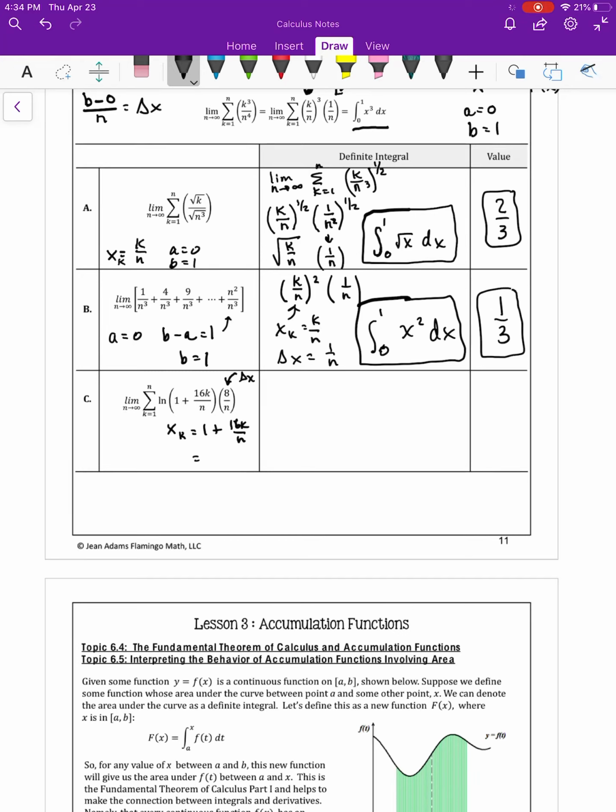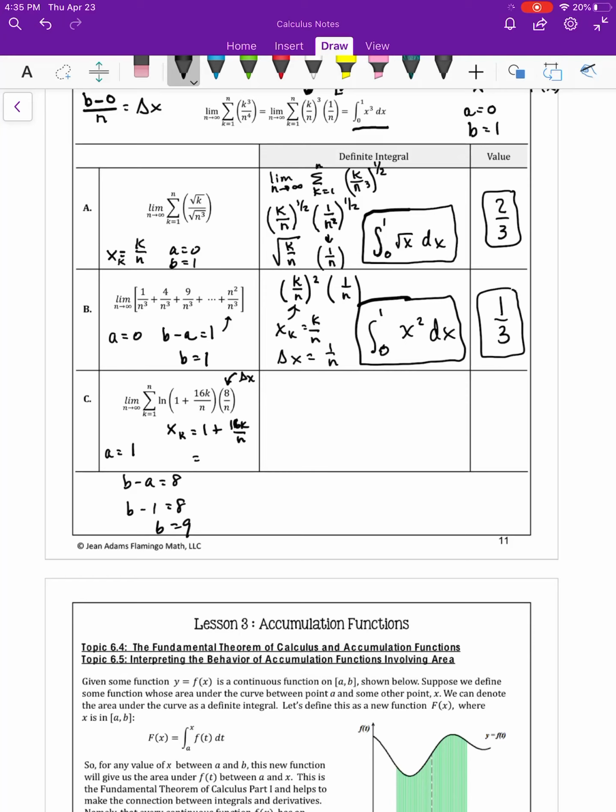Math 9, remember. And part C. So this one actually has your x sub k to be 1 plus 16k over n. And so I can already see my 8 over n as my delta x.